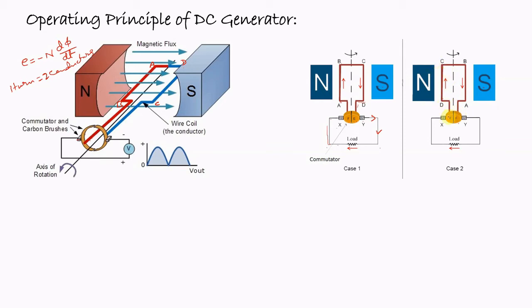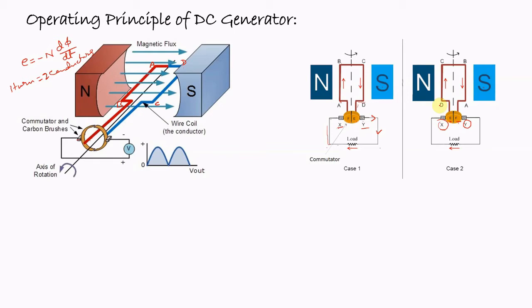But remember, the brushes are fixed. Brushes are stationary in their position. So it is always X and this is Y.